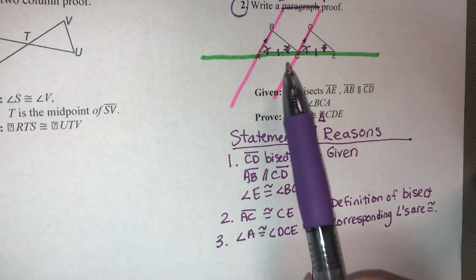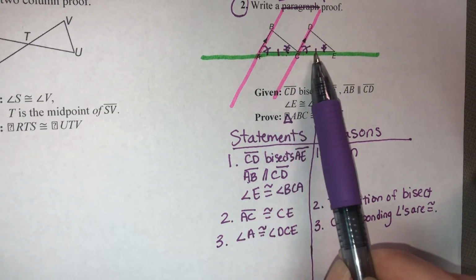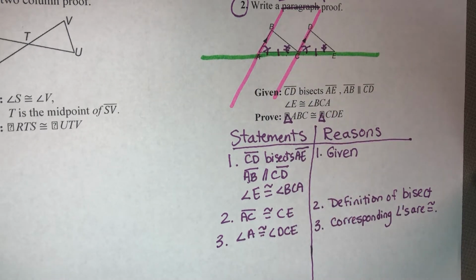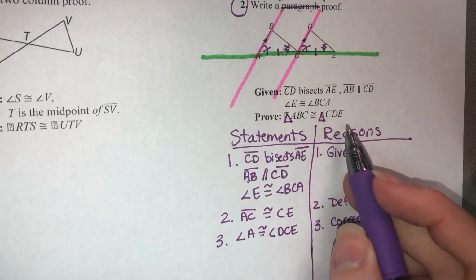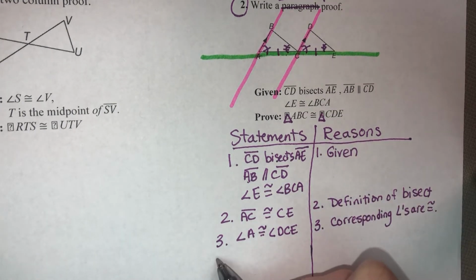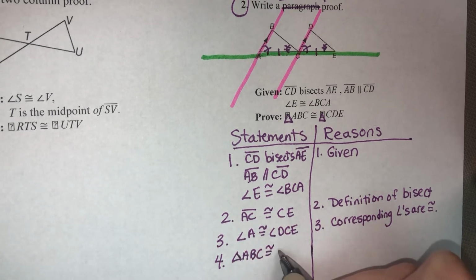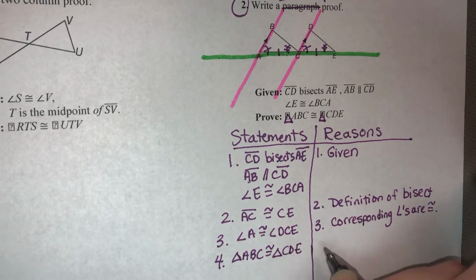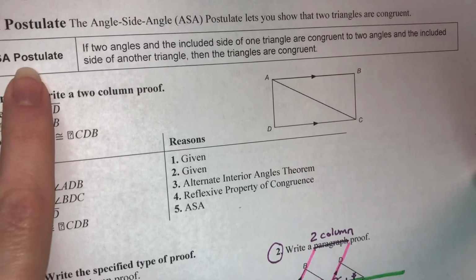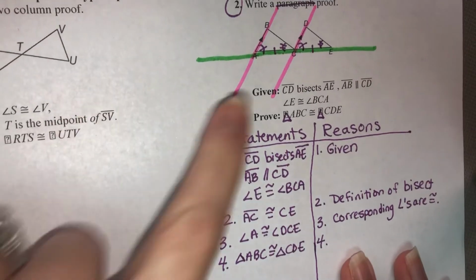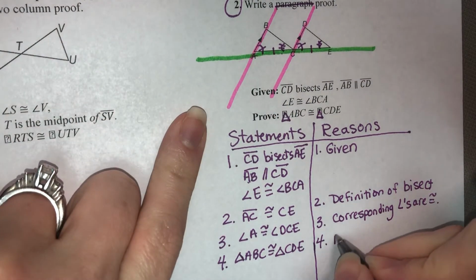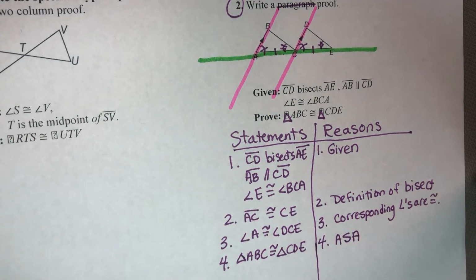So notice that we now have two angles and a side in between those two angles that's congruent in both triangles. That is now enough information to say that the two triangles are congruent. So we can use the last statement of our proof as the prove statement that we usually see. Triangle ABC is congruent to triangle CDE, and the reason is because of our new postulate, angle side angle postulate. We have two angles and a side in between that are congruent on both triangles. So angle, side, angle is going to be the reason we use there.